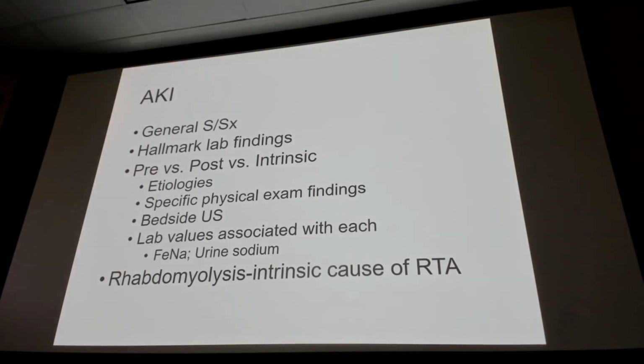I think it goes without saying, we've talked about the hallmark lab findings for AKI a lot. There's a lot of overlap for those things. Rhabdomyolysis, reviewing that specific condition will be helpful. Okay.